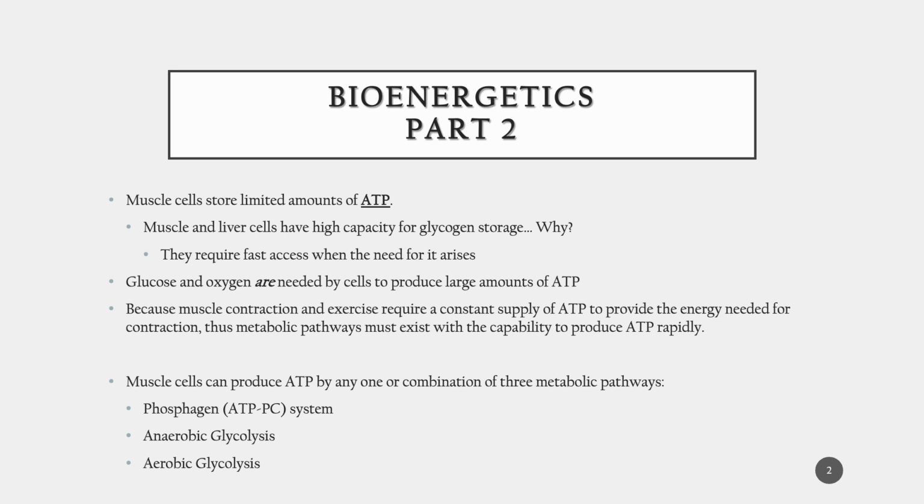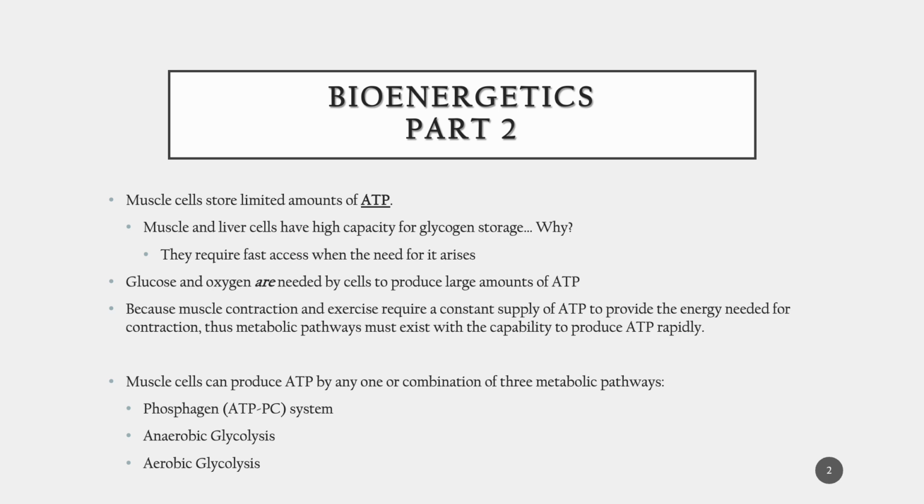Glucose and oxygen are needed by the cells to produce large amounts of ATP. What energy system utilizes both glucose and oxygen to produce large amounts of ATP? What do you think? Part 2 of aerobic glycolysis, right?